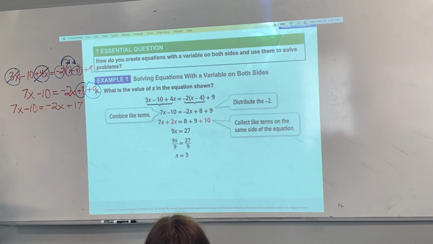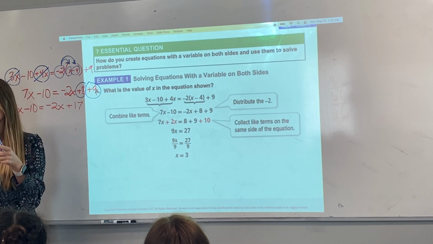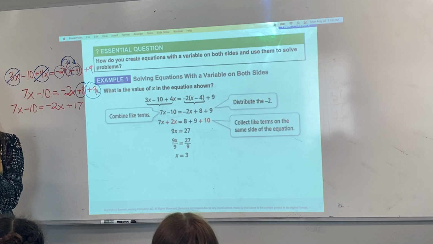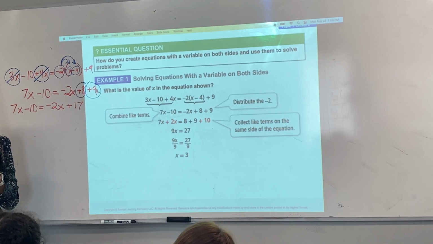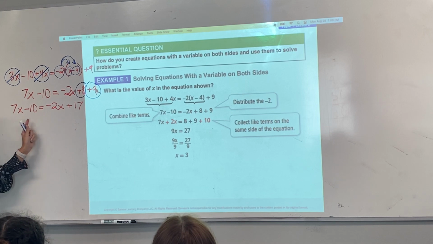But I still have x on both sides of the equation. We're gonna combine the ideas of combining like terms, but also making sure to remember that we have to do it algebraically because we're going across the equal sign, okay? What's that?